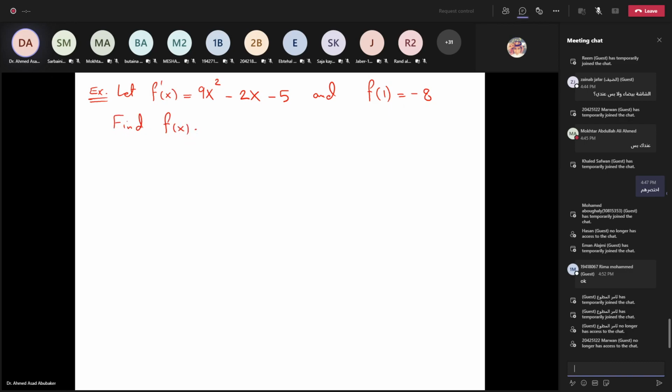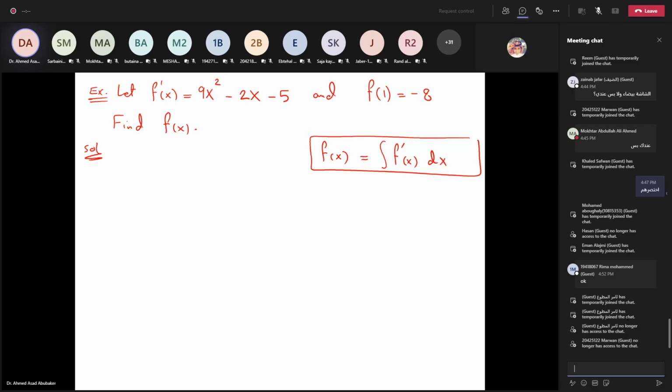So in this example, we have f prime, but we need to find f of x. We have the main information about this. Note that f of x equals the integral of f prime of x dx.